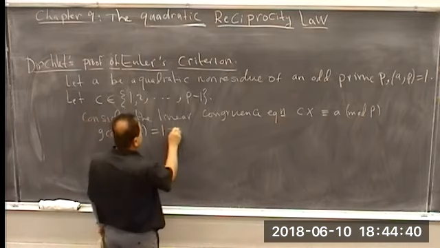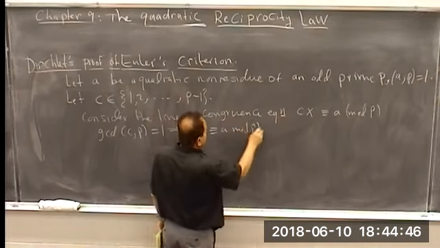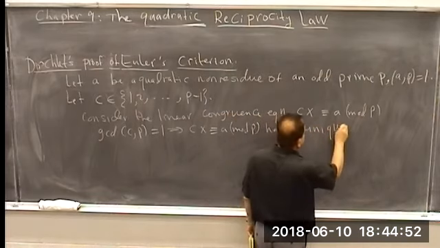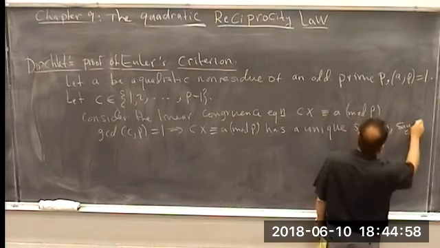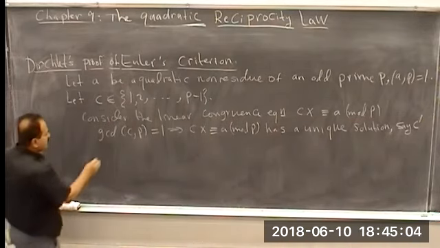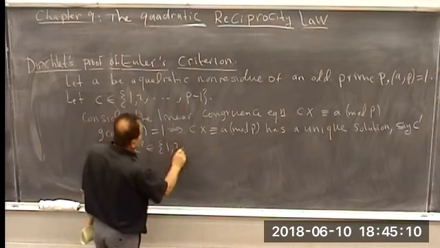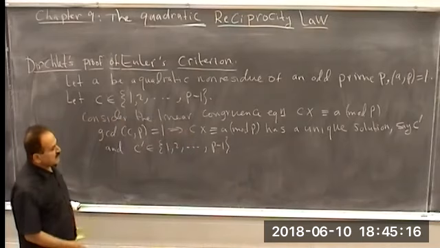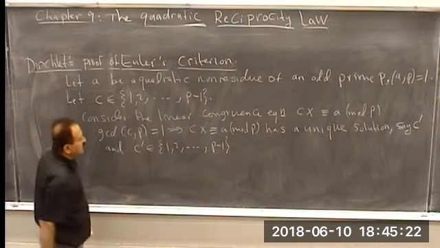And this implies that cx congruent to a mod p has a unique solution. Let's say c prime. And c prime also belongs to the same set, 1, 2, up to p minus 1. As integers there are infinitely many c primes, but when we reduce this mod p, it's going to be one of those integers.